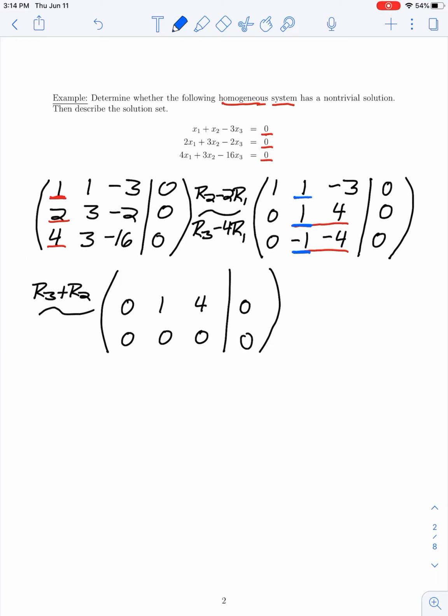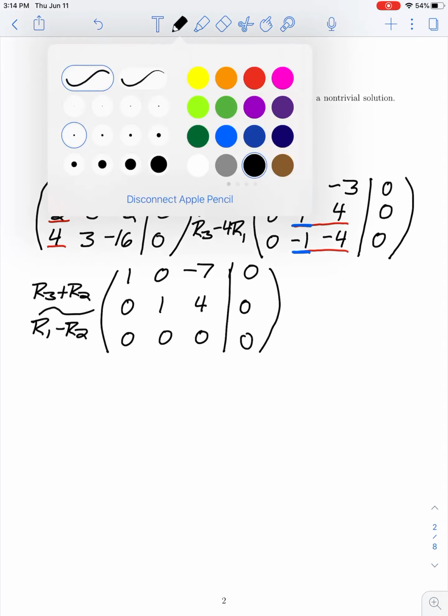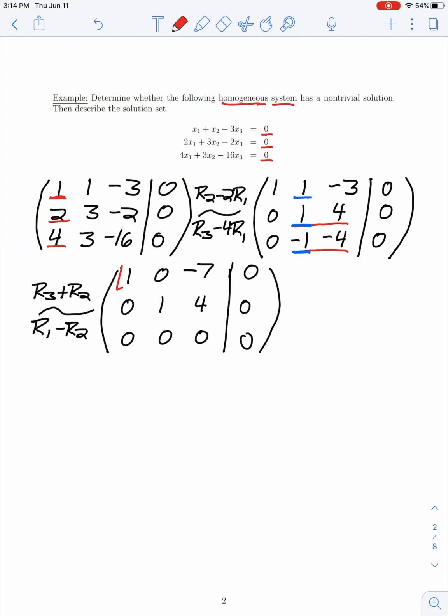And to eliminate this positive 1 above it in the first row, I could take row 1 and subtract row 2. So in the same step, taking row 1 and subtracting row 2, we have 1, 0, minus 3 minus 4 is negative 7, and 0 minus 0 is 0.